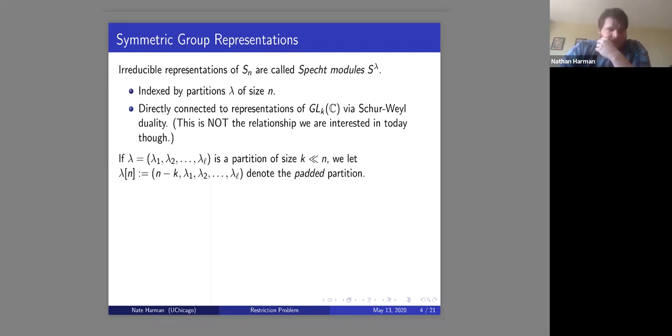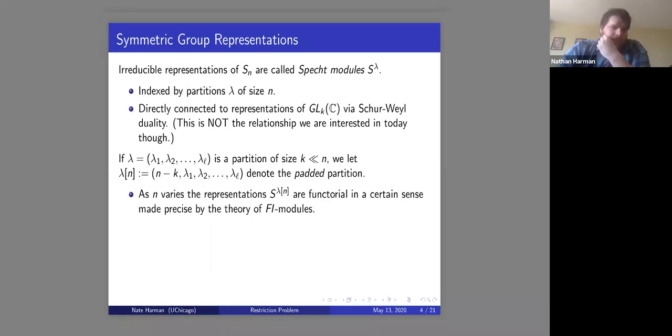All right, why does this show up? So now, as n varies, these representations become functorial in a certain sense. It's an analog of the theory of polynomial functors, but for symmetric groups. And this is made precise in the theory of FI modules. I'm going to talk a little bit more about this later on in the talk.